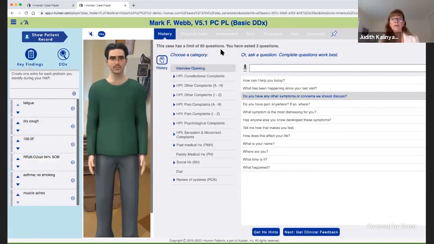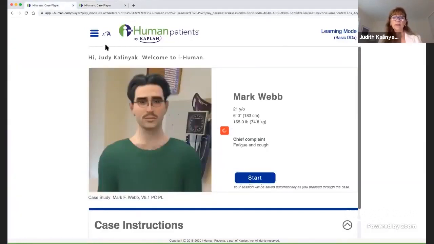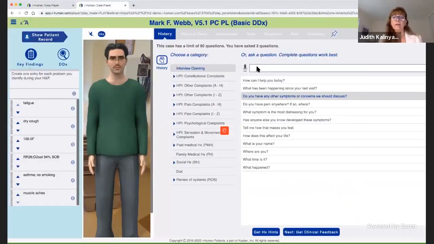But now we do want to find out when that cough started. I can type questions up here, or I can use my category folder. Let's ask when the cough started by typing and see if that works. My mouse is just not wanting to work here.